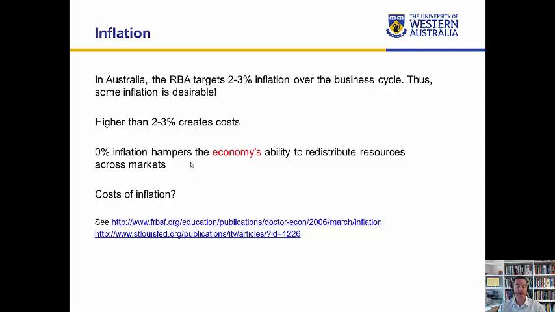The price of apples has increased relative to the price of bananas. Now producers, if they believe that price change is going to be permanent, will quickly start producing more apples and fewer bananas. So those relative price changes are an important indicator of what should be produced and where productive resources should flow in an economy.